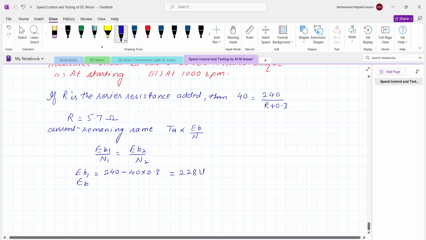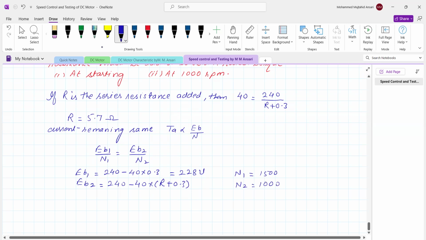Whereas EB2 is equal to 240 minus the current, which is the same, 40 into R plus 0.3. And here the speed is given: N1 is equal to 1500 rpm and N2 is 1000 rpm.